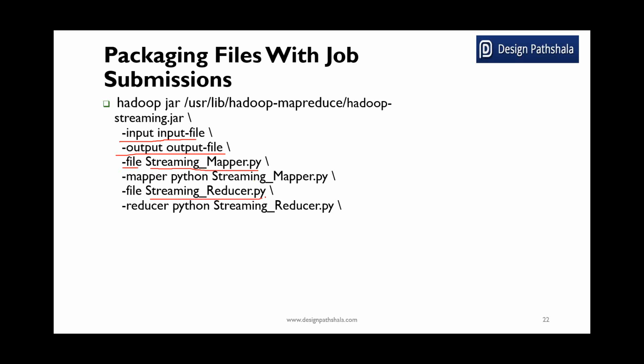So these two files would be available on your nodes where your data is getting processed. The mapper command is nothing but Python, your streaming Python, and the reducer command is Python and your reducer Python. So let me show you over there.